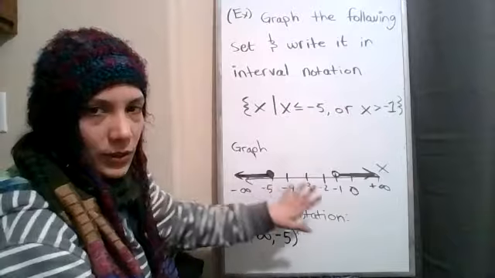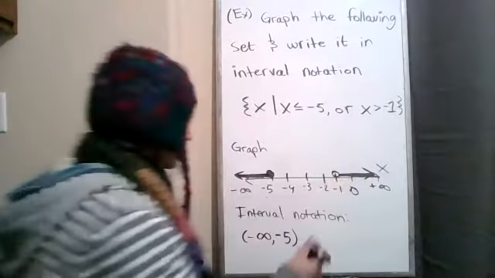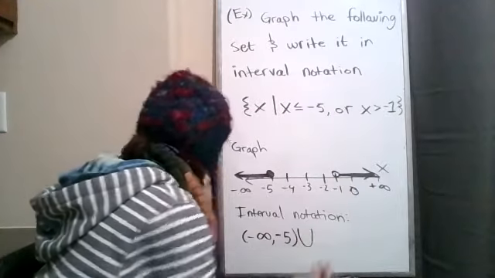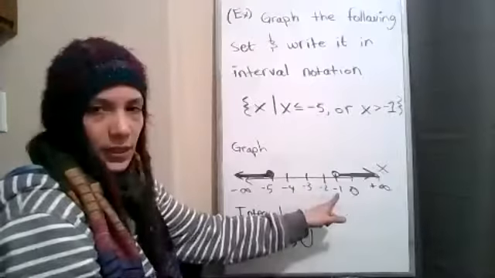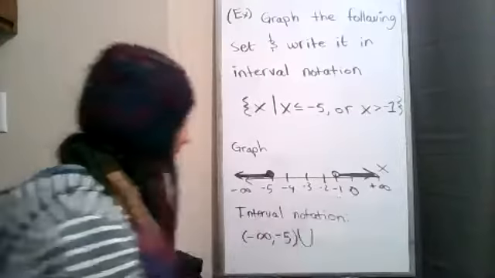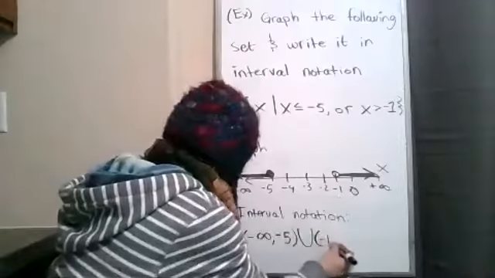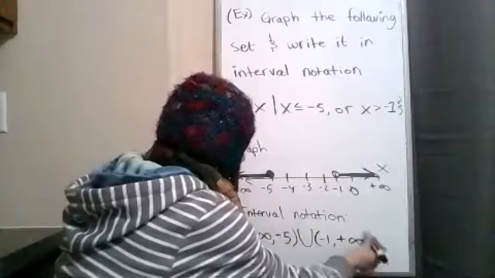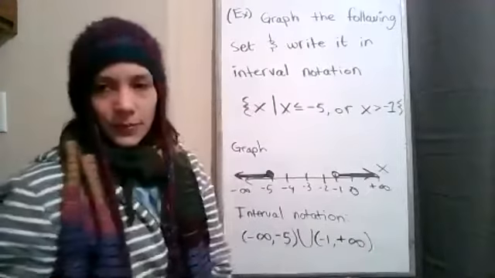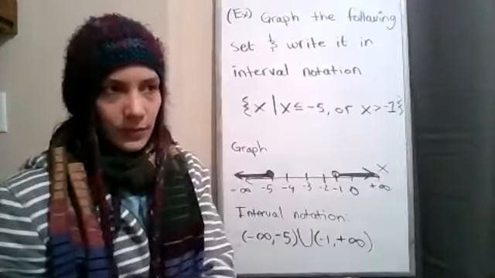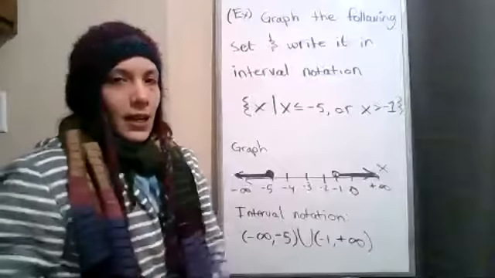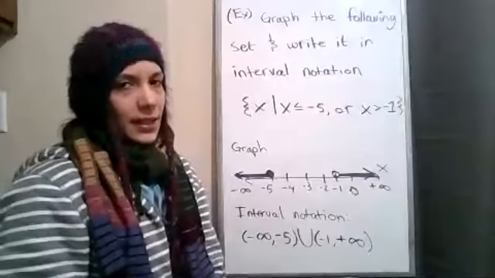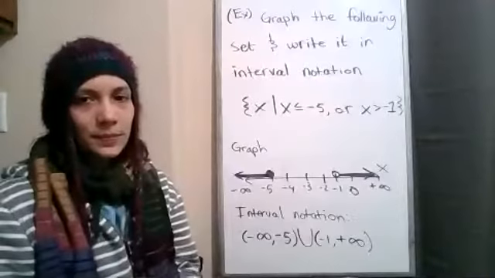This set unioned with that set, that goes from -1, not including -1, over to positive infinity. All right, I think that's good. Any questions or concerns?